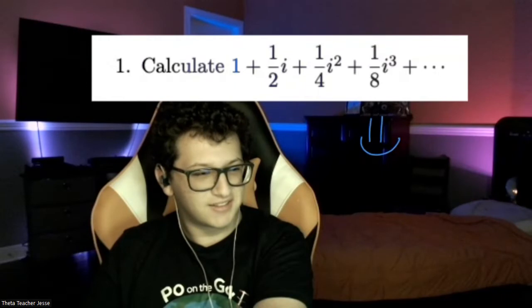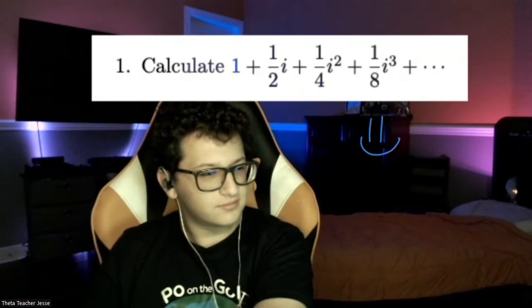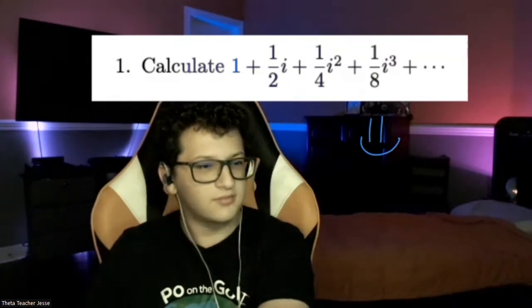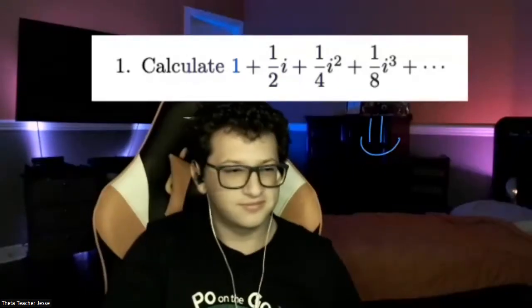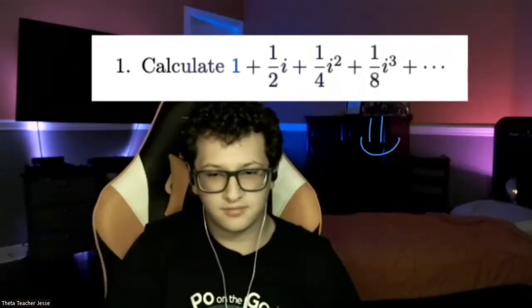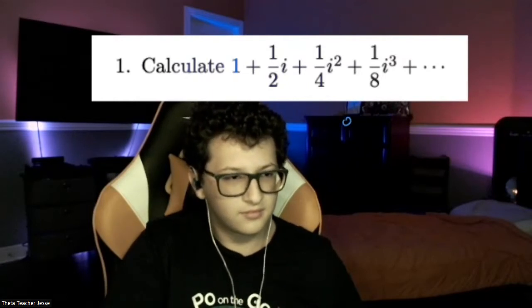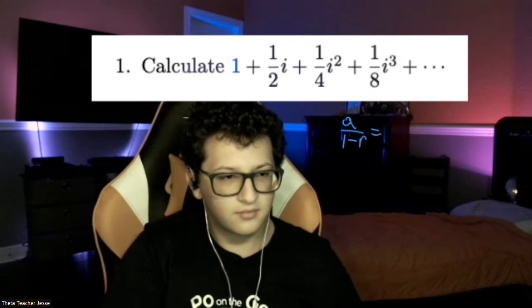So basically, there is this, I'm not sure if it's a theorem or just a formula, that says, Jesse, if you could just write this on your screen, the sum of an infinite series is equal to a over one minus r. Now what is a and what is r?